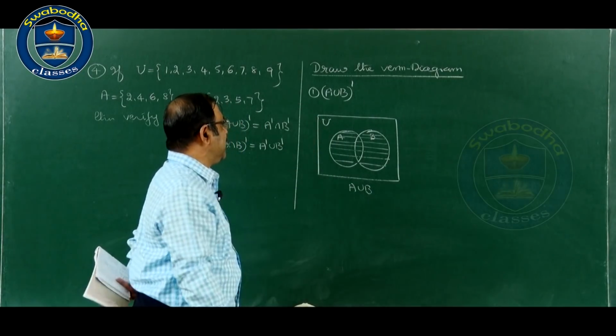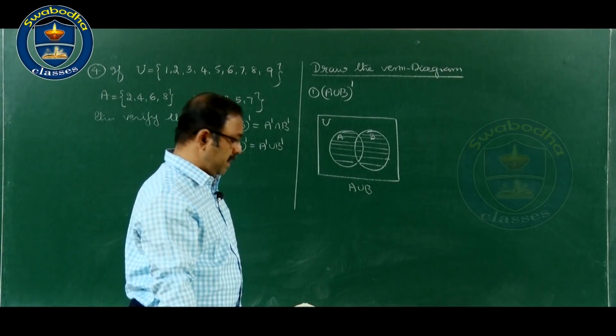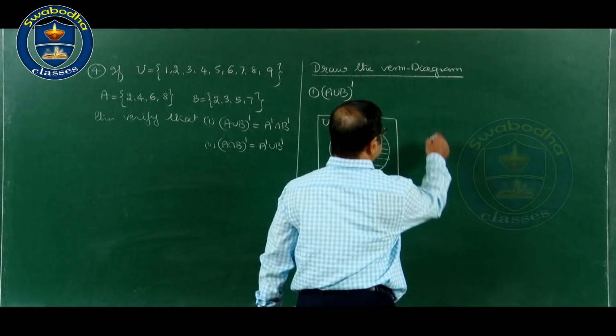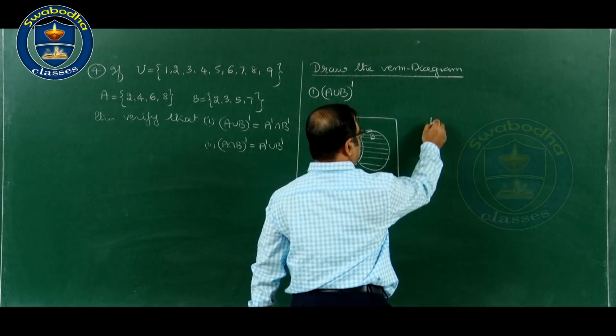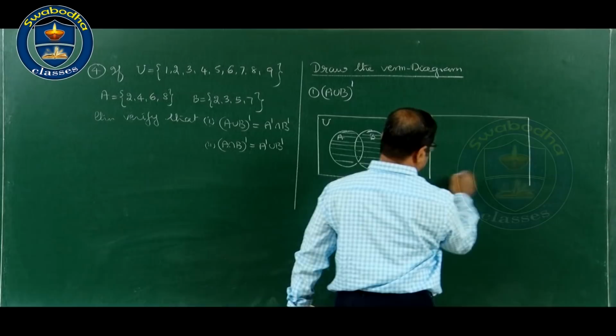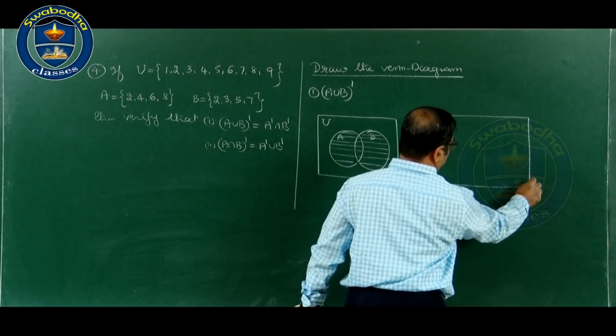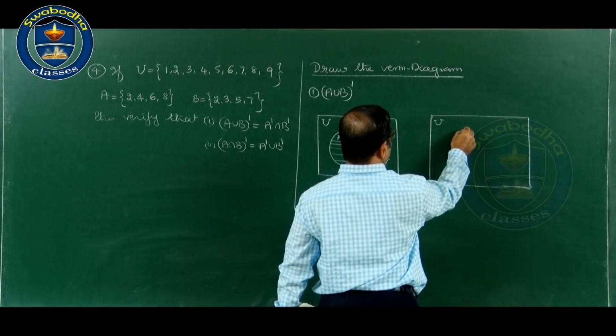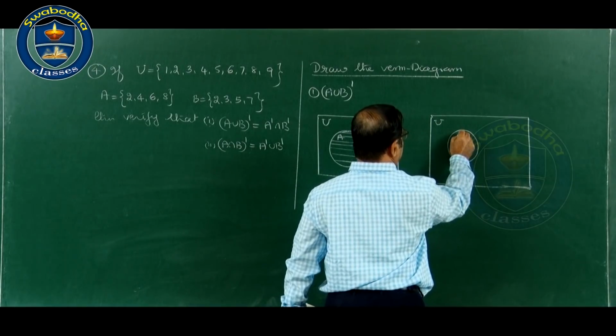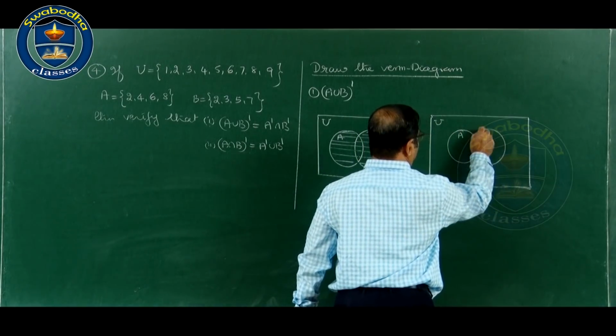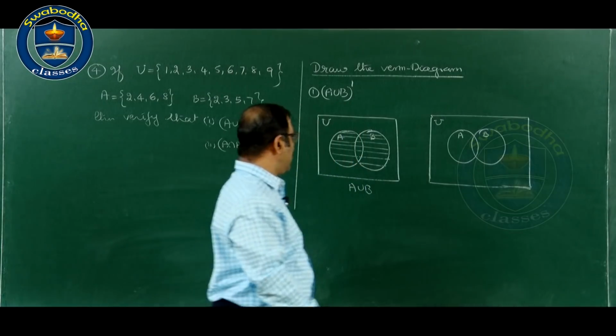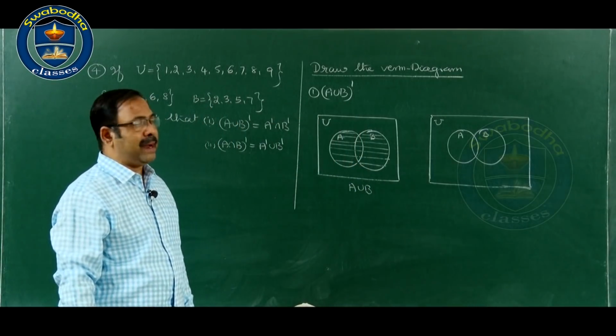Now we have to write A union B complement. See, that is elements which are present in A. Say this is U, A, this is B. What is A union B complement?